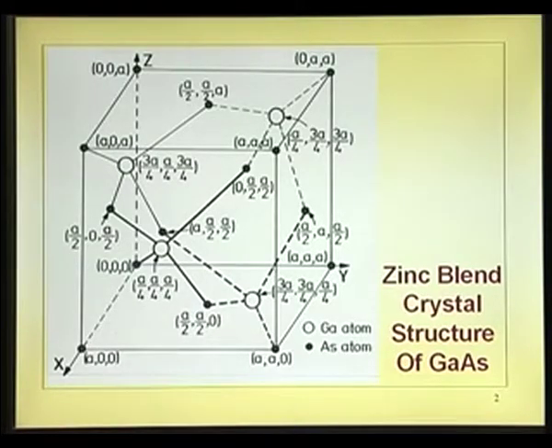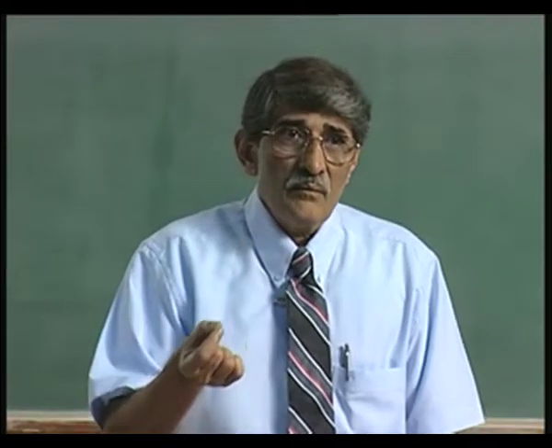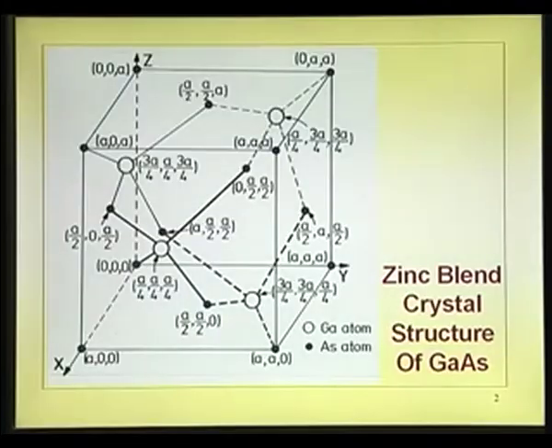Now, this unit cell, I am keeping it general first, can be simple cubic. If it is simple cubic, it will have a cubical structure with atoms only in the corners of the cube. It can be face centered cubic if there are atoms in all the 8 corners, plus atoms at the center of each face.